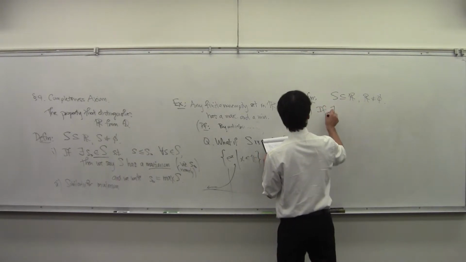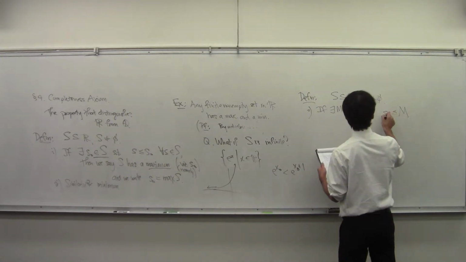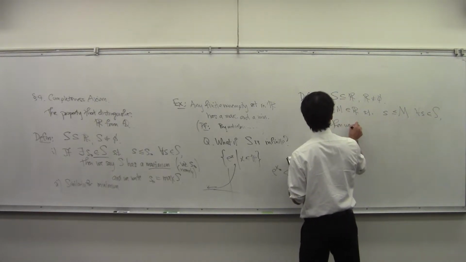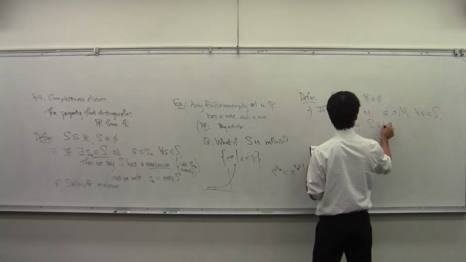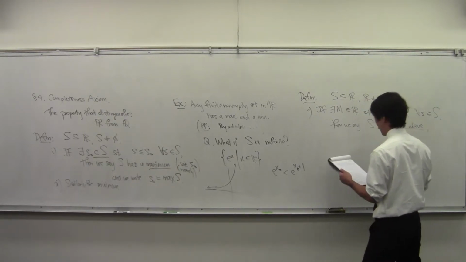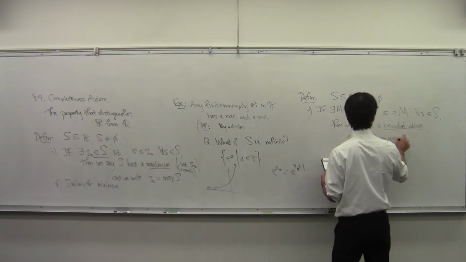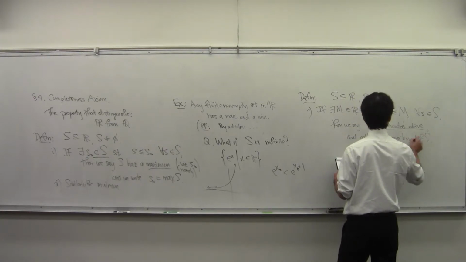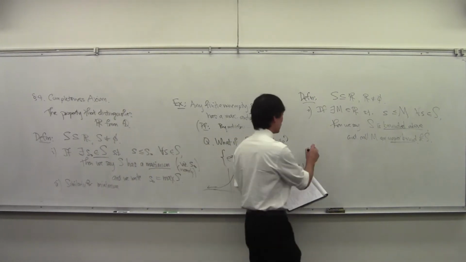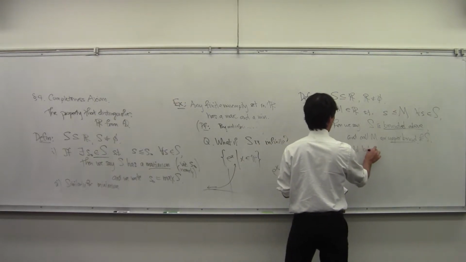If there exists an element M in R such that that element is bigger than everybody in S, then we say S is bounded above, and call M an upper bound of S. And similarly for bounded below and lower bound.